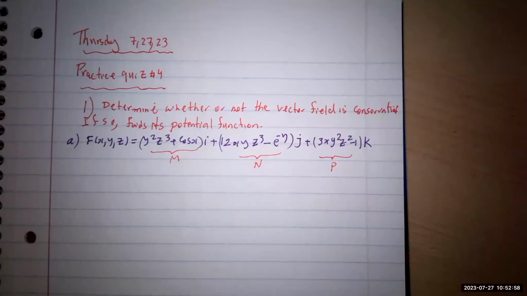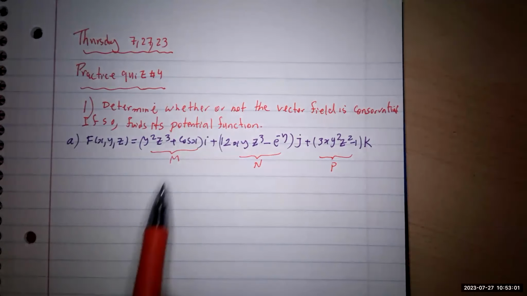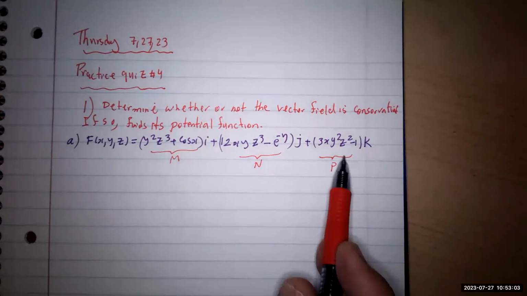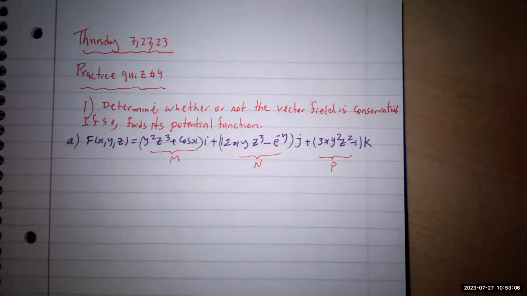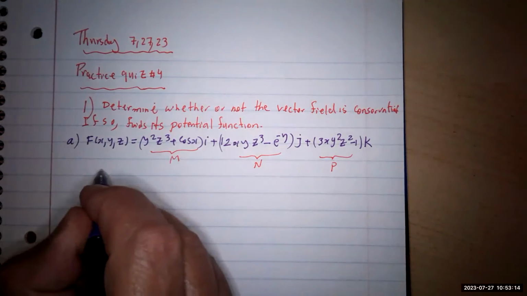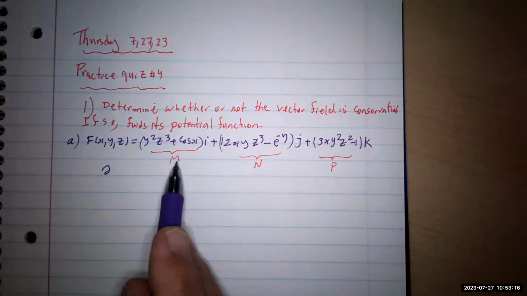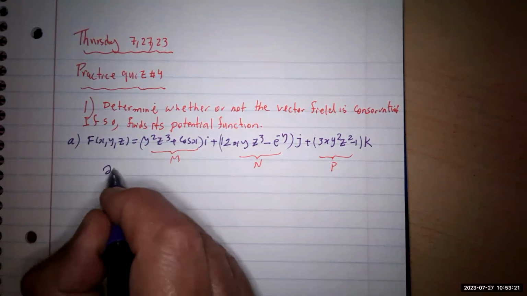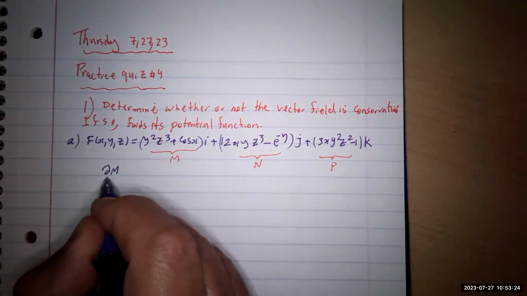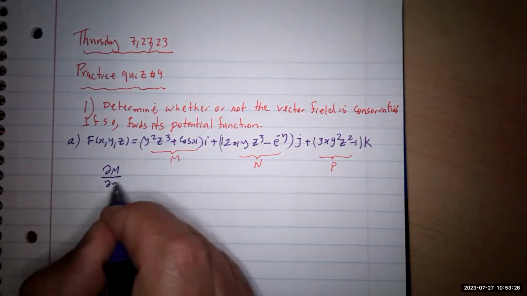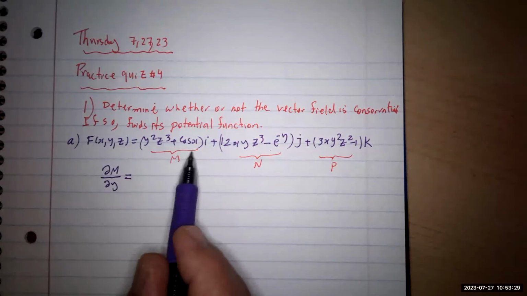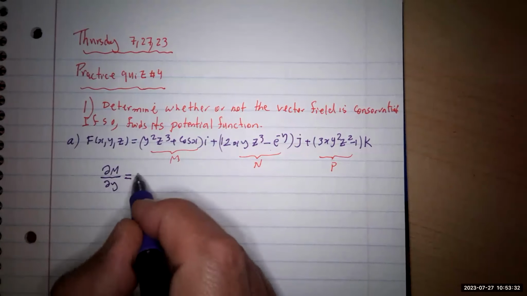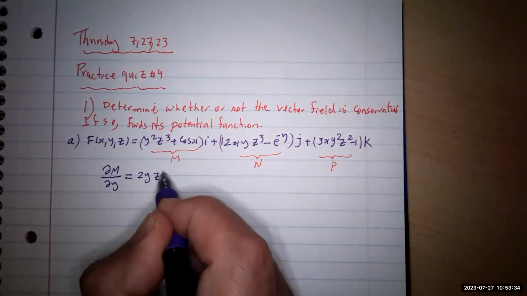If you want to compare the M with the N, M is in the first position, N is in the second position. So I find the partial of M with respect to y, and that gives me 2y z cubed.